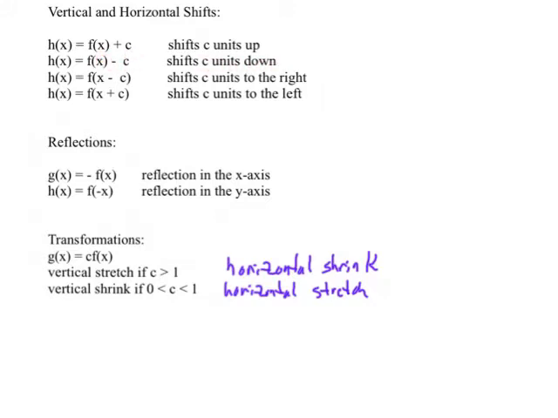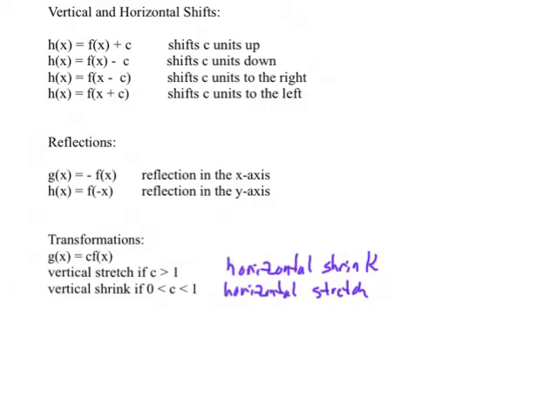Now, if I take the x and I subtract c, notice, in this situation, it's before the prevailing operation. So it's going to give us something we do not expect. So if I see x minus a c, that means instead of it shifting to the left, as we think might happen, it's going to shift to the right. Likewise, if you see x plus a c, then it's going to shift to the left, a c value.